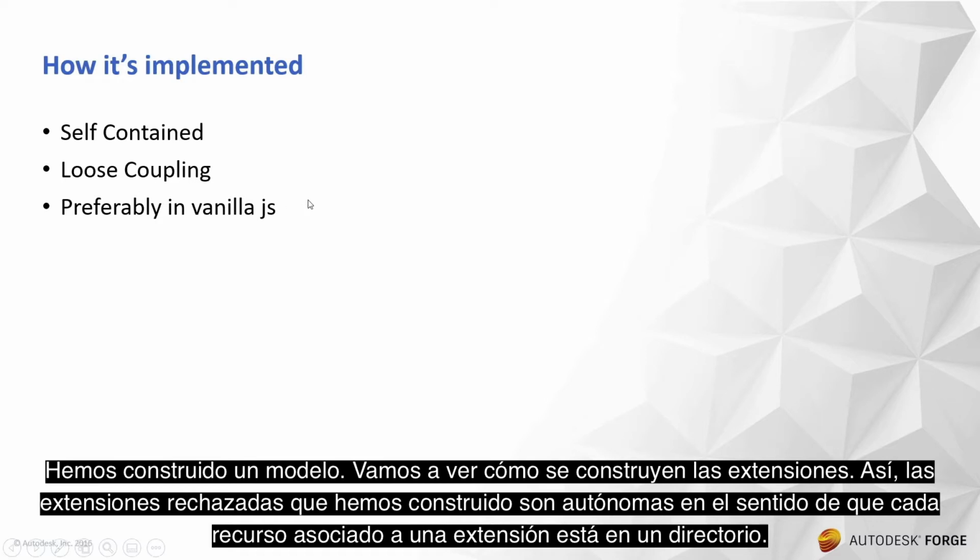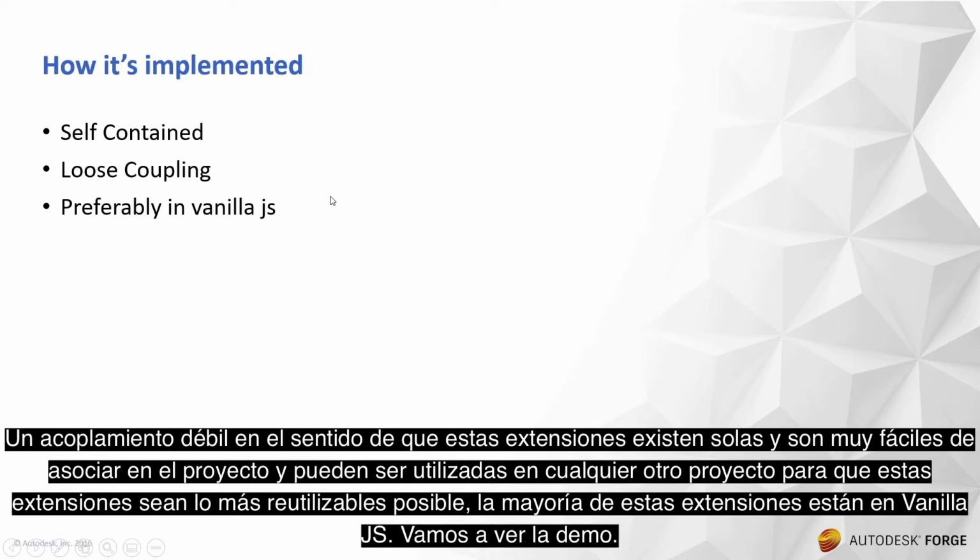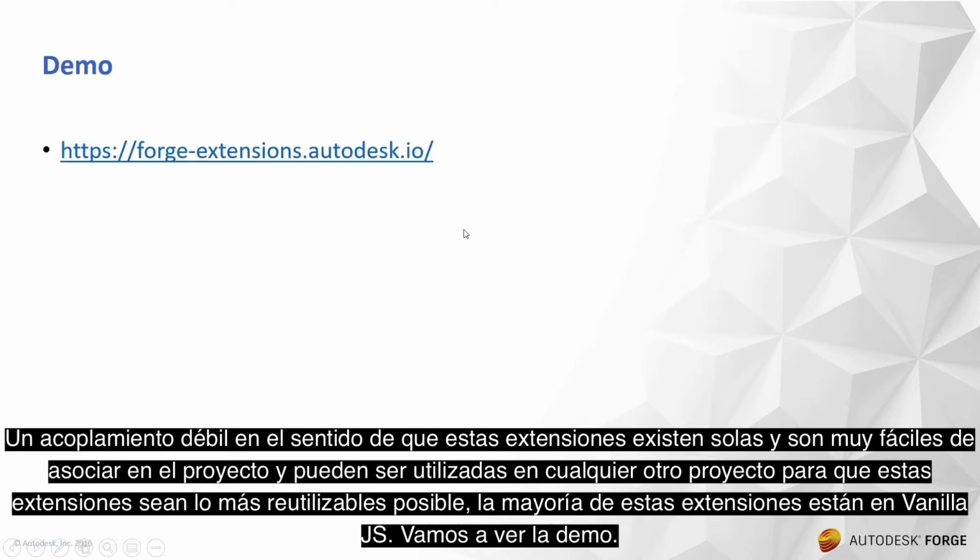Loose coupling in the sense these extensions exist on their own and they are linked in a project very easily, and hence those can be reused in any other project. To make these extensions as reusable as possible, most of these extensions are written in Vanilla.js. Let's go for the demo.